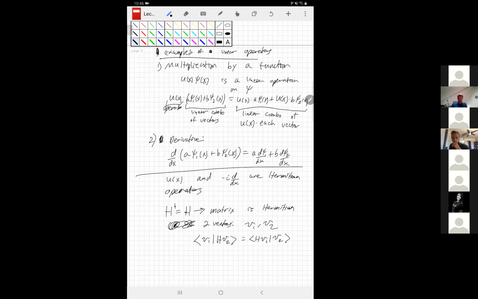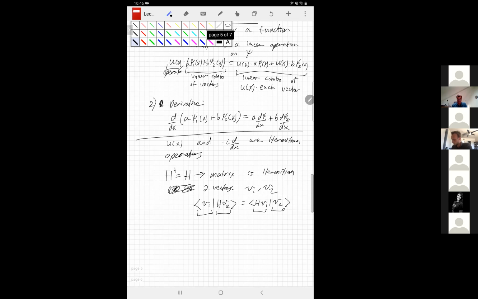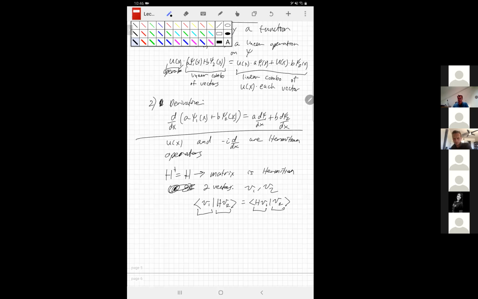So if we first had the matrix act on the vector v2 and then take the inner product with v1, that would be the same as having the matrix act on v1 and then take the inner product with v2. Right? That's what that means for matrices.